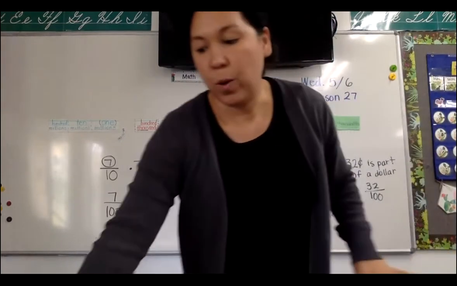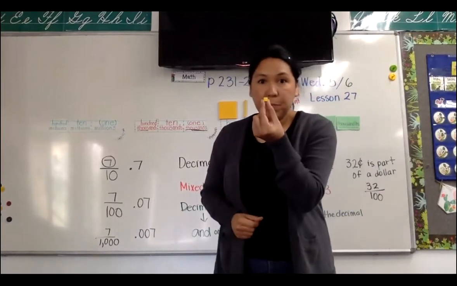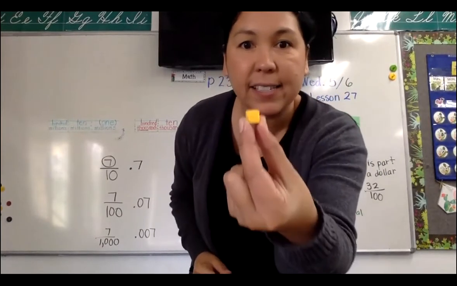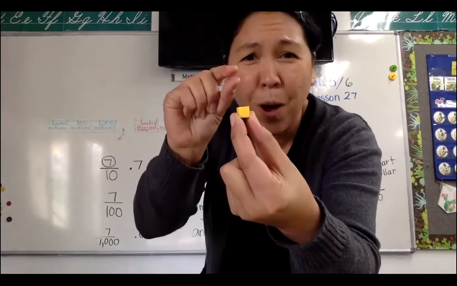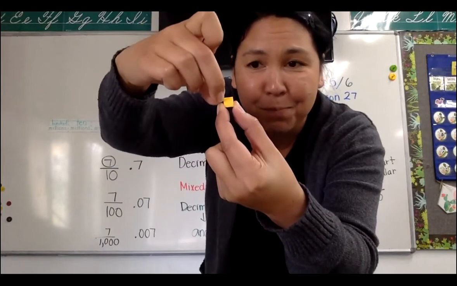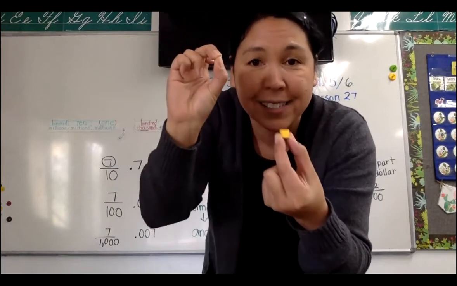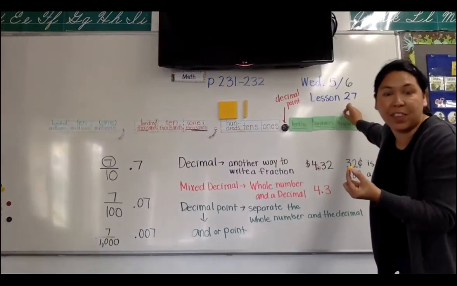I want you to imagine what I'm saying here, guys. This 1 unit, imagine me cutting this into 1,000 pieces, you guys, and taking one little tiny little scrap, little crumb of this, okay? That's how small 1,000th is.